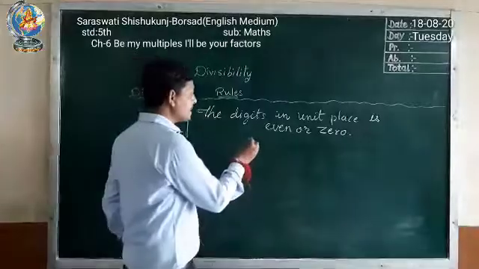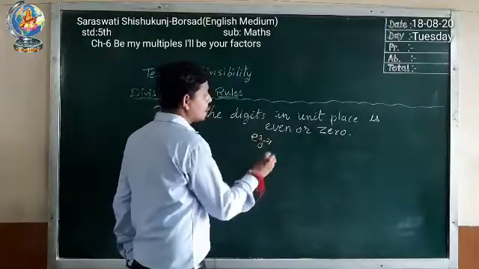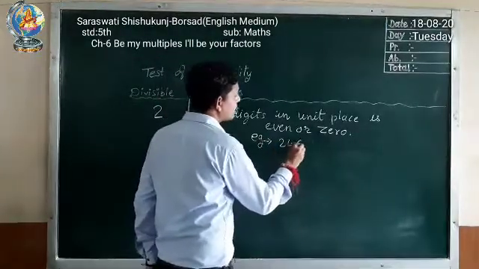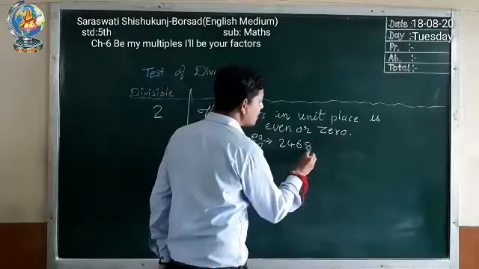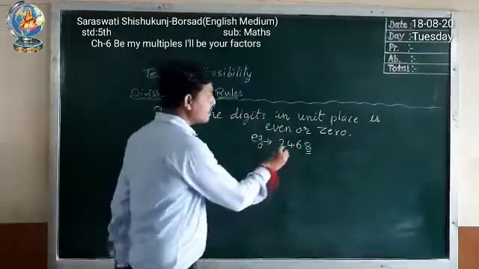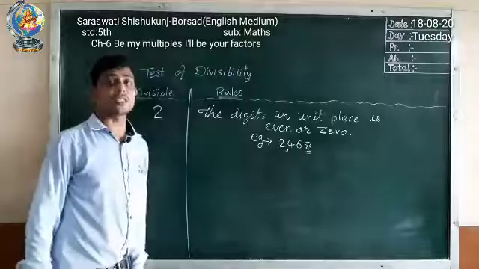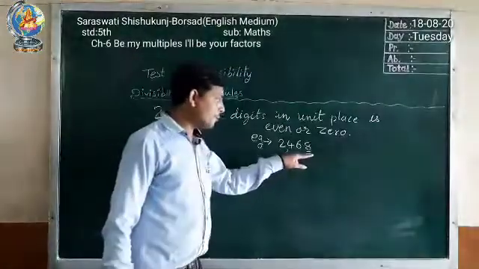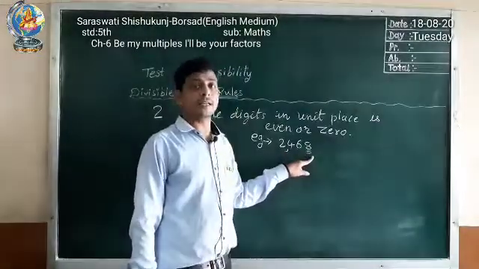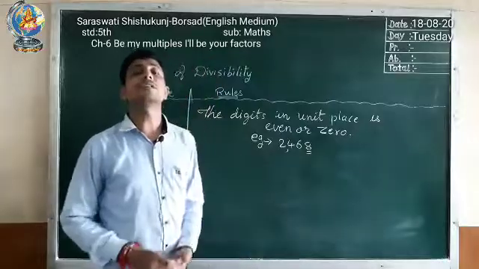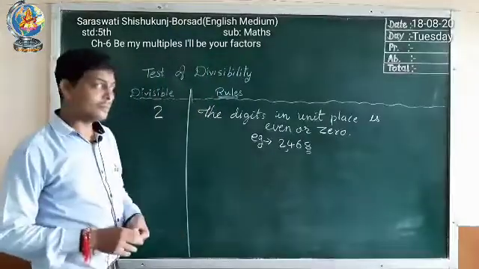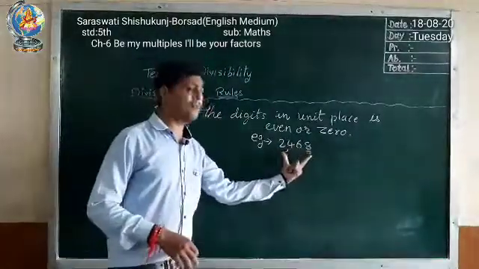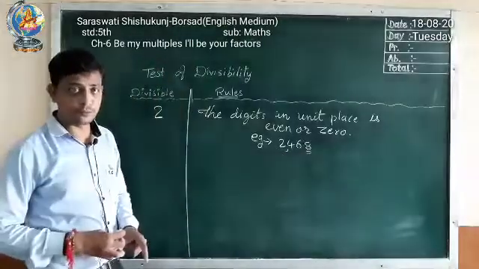For example, I had written the number 2468. On the unit place you can see 8, and 8 is an even number, so we can say the given number is divisible by 2.